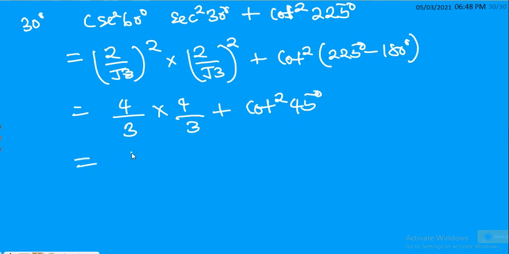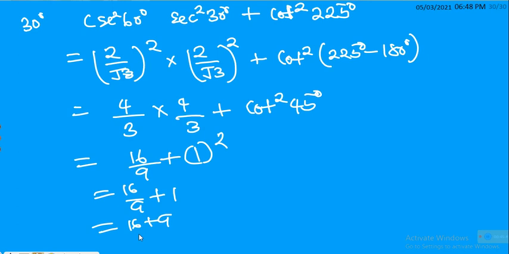So this is 16 over 9 plus cot square 45, of course that is 1 squared, which is 16 over 9 plus 1, which is 16 plus 9 all over 9, and that is actually 25 over 9. So the final answer is 25 over 9.